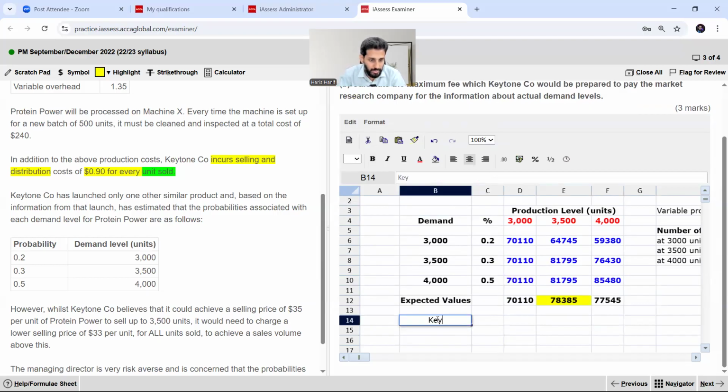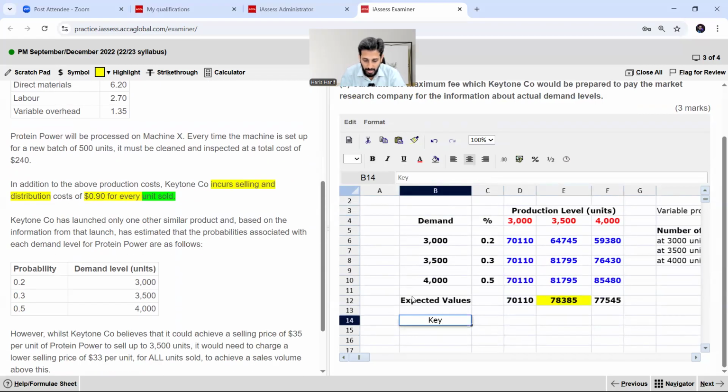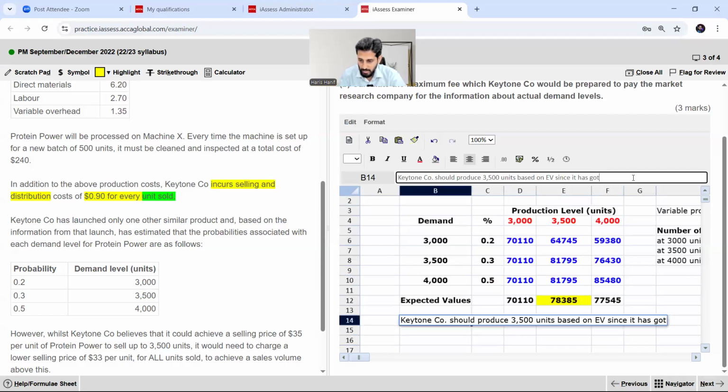So what's the name of the question? That is KeyTone Company. KeyTone Company should produce 3,500 units based on expected value, since it has got the highest EV.